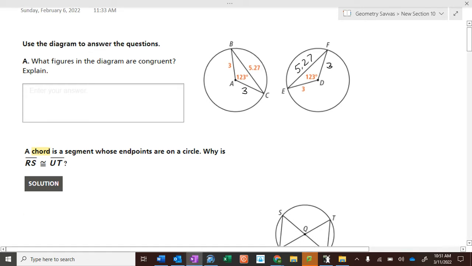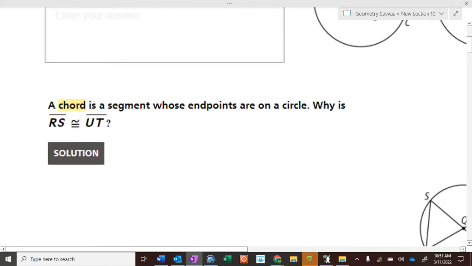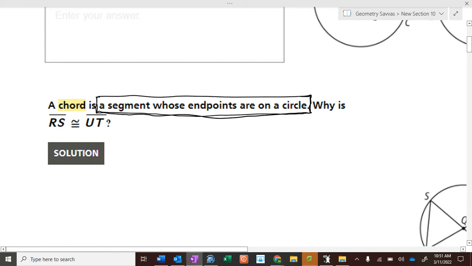All right, vocab sheet. There we go. A chord is a segment whose endpoints are on the circle. We're going to talk about chords today. It's an easy concept today. Chords. A segment whose endpoints are on the circle.